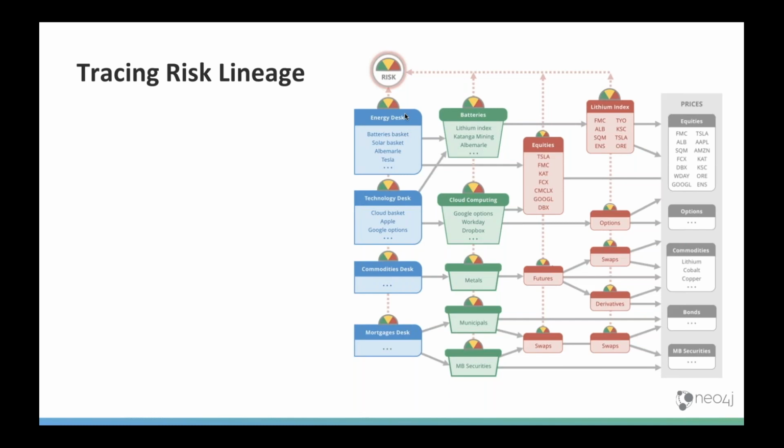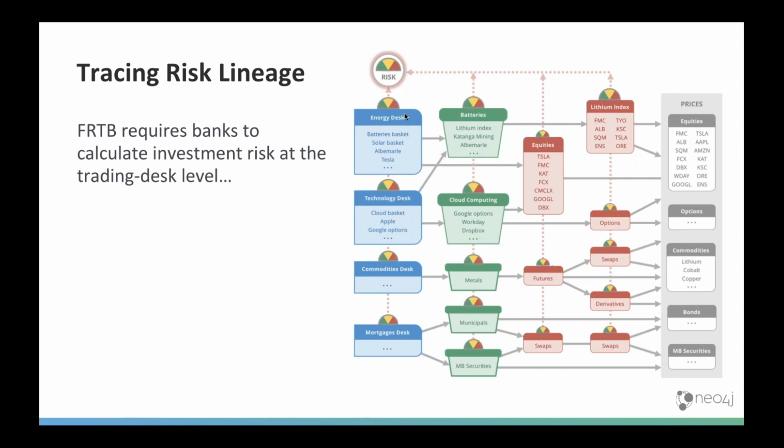And so if you look at a large bank or a hedge fund, their trading desks could be organized in such a manner. So you would have multiple trading desks, like an energy desk or a technology desk or a commodities desk and so on. And then within trading desks, there are multiple baskets of trading instruments. In this case, we're mostly talking about stocks, but it could be any tradable instrument.